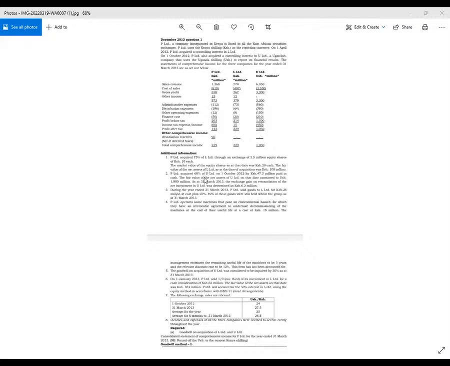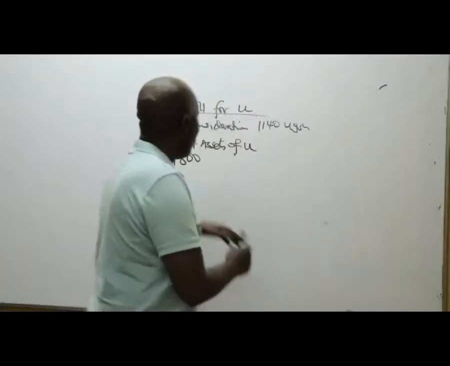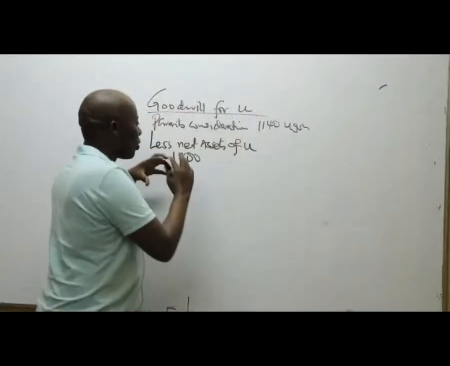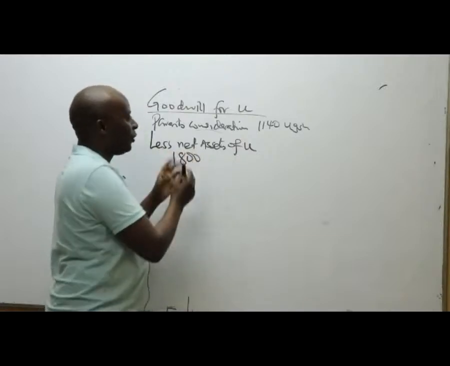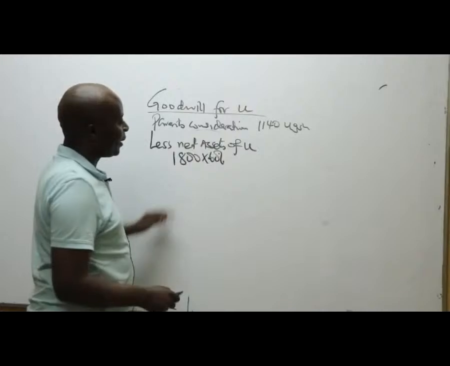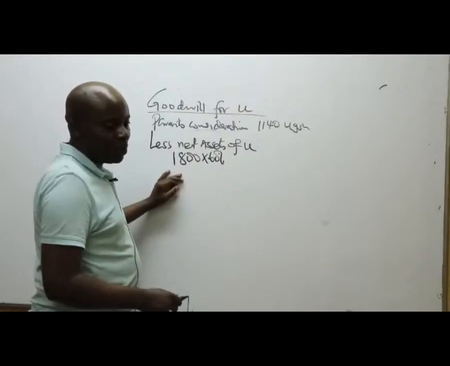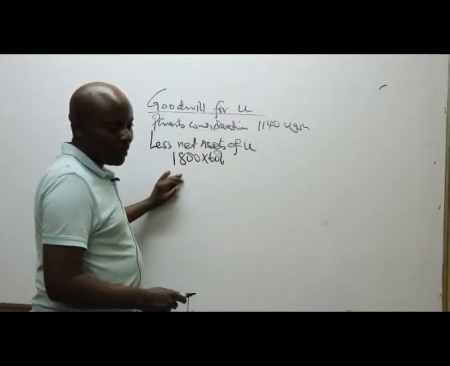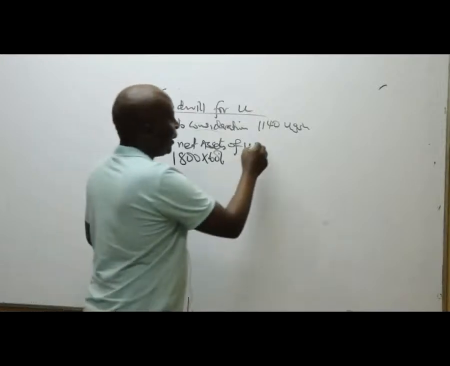We acquired 60%. If it's partial, then I can only recognize the percentage of the parent here. So multiply with 60%. 1,800 times 0.6 gives me 1,080.